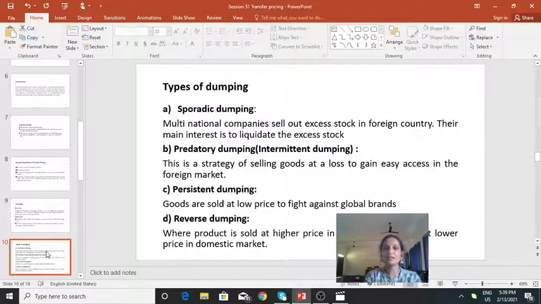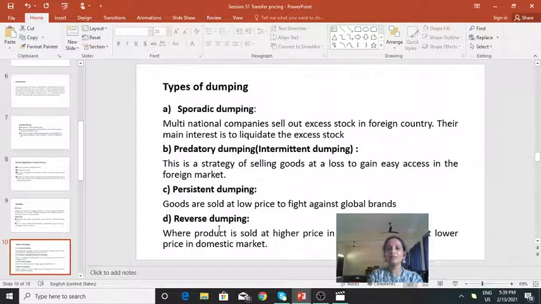The second one is predatory dumping, also known as intermittent dumping. Here products are sold at a lesser price to gain easy access to the foreign market, so that they can enter without any hurdle. Then the next one is persistent dumping. Here goods are sold at a lower price to fight against a global brand.